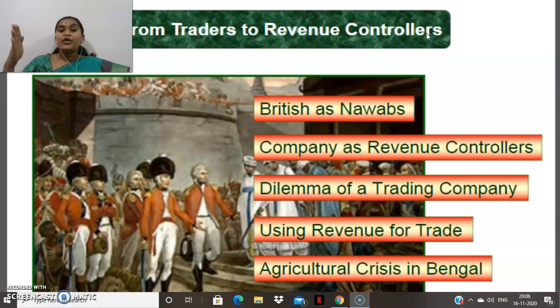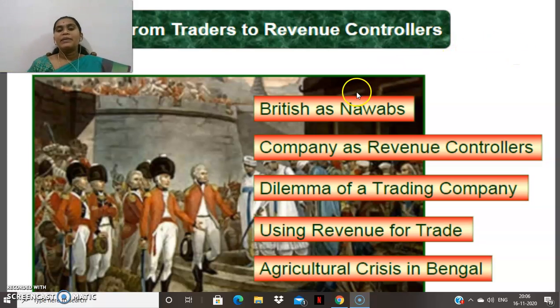Slowly, how did they turn into revenue collectors? That is what we discussed in the last slide. They were paying the revenue to the government or our emperors, but very soon they started to collect the revenue from our emperors and our people. So how did this transformation happen? That means the changes. Let us see.